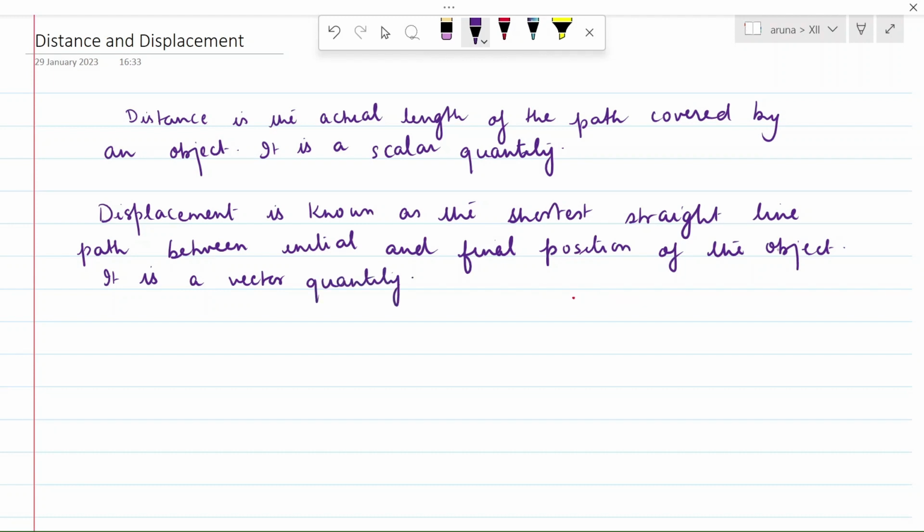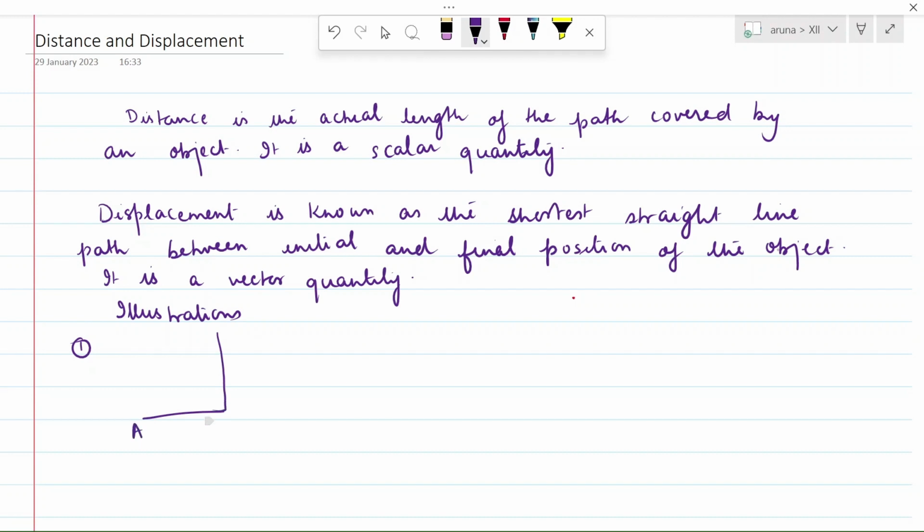Let us take one or two illustrations to be more clear about the concept of distance and displacement. The first one: supposing I'm walking on a path where the two parts make an angle of 90 degrees with each other.